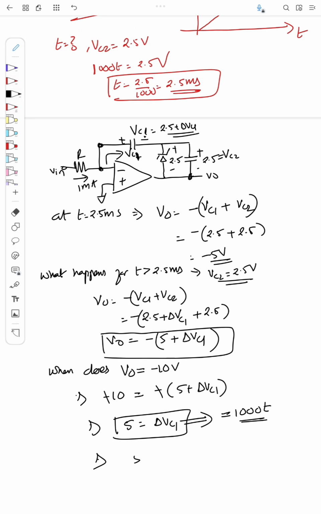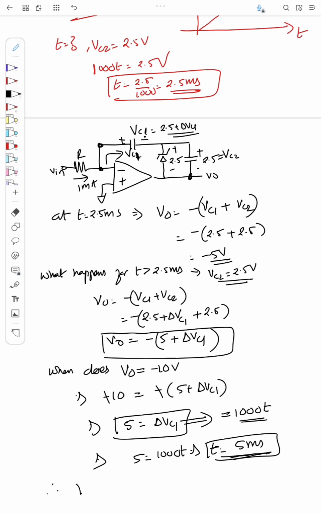So I can write 5 equal to 1000 t, or t equal to 5 milliseconds. So it will take the next 5 millisecond for VC1 to reach 7.5 volt. So 7.5 plus 2.5 is 10, right? So it requires 5 more milliseconds for V0 to be equal to 10.